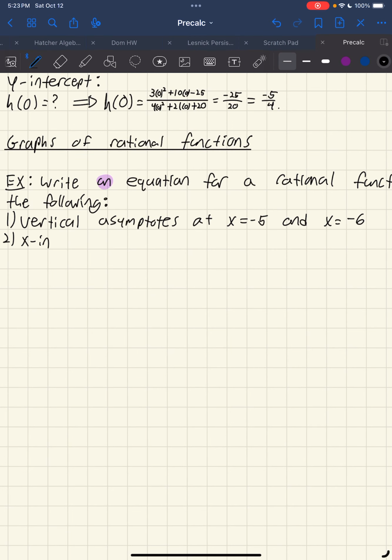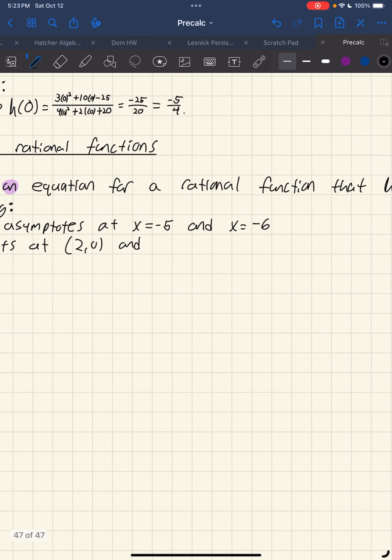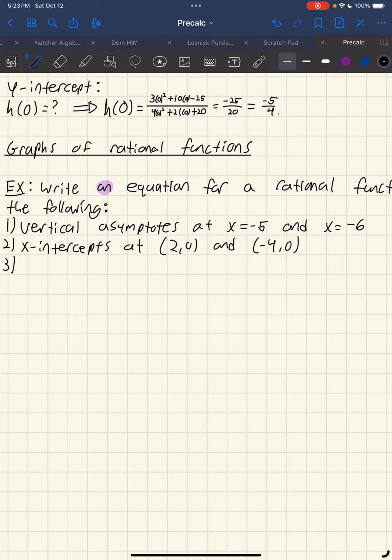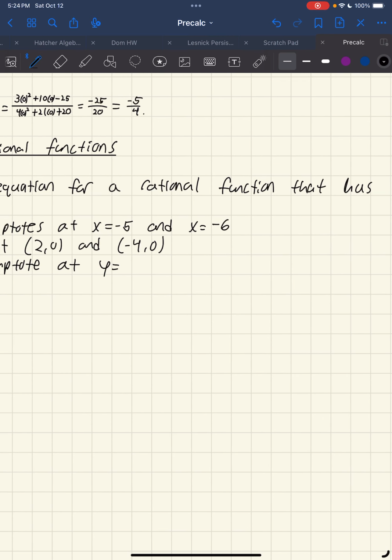Has x-intercepts at the points 2, 0 and -4, 0. 3. Horizontal asymptote at y equals 8.